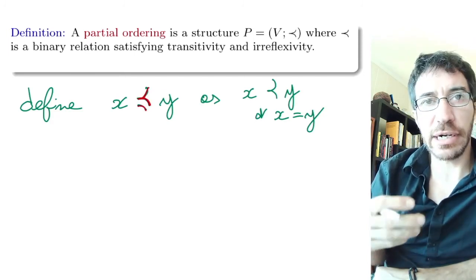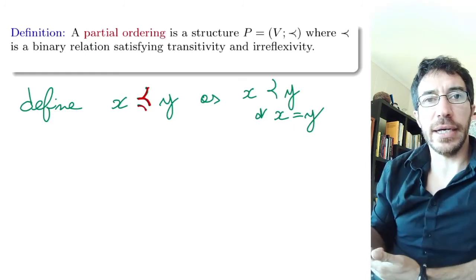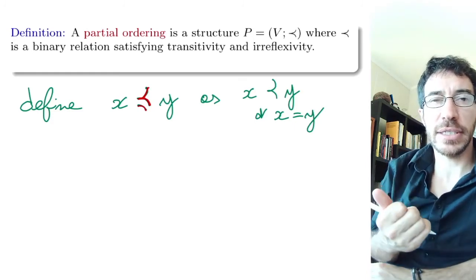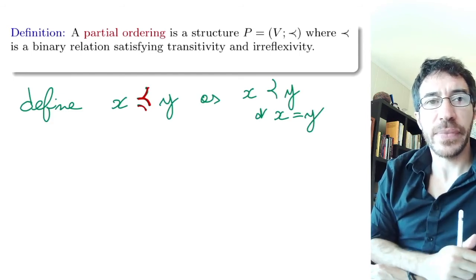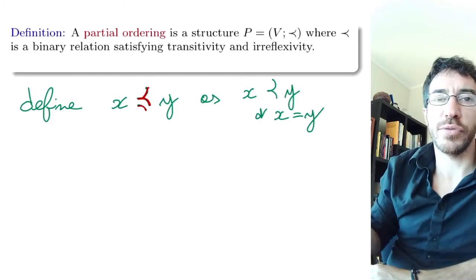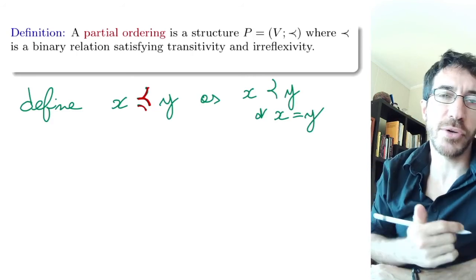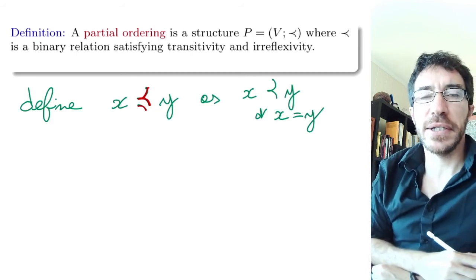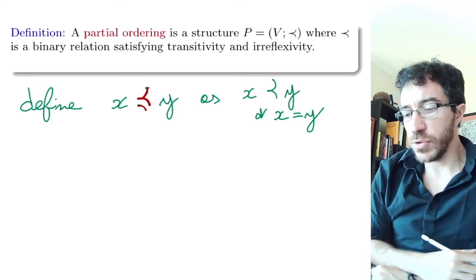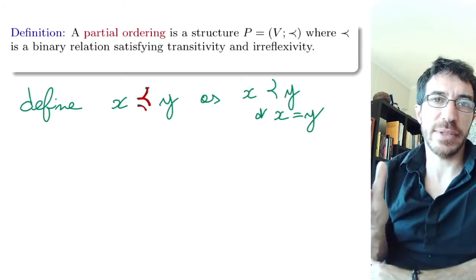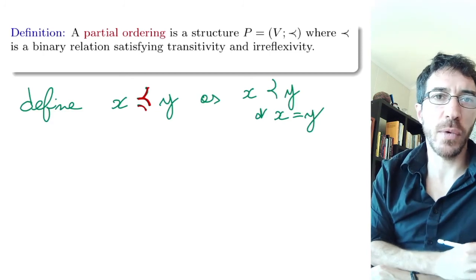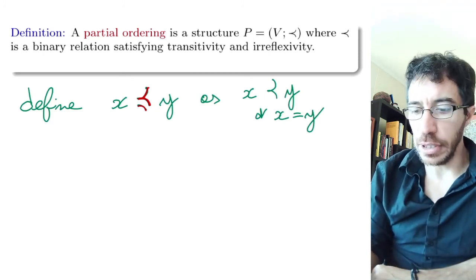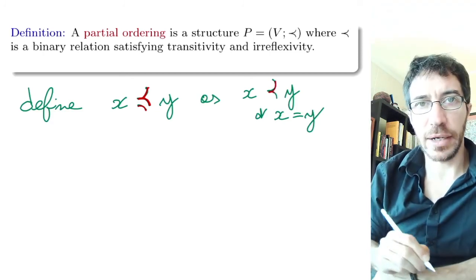In this case, you have to require that this relation is transitive, reflexive, and antisymmetric, and then you define the strict notion from it. So you could go either way, defining one or the other. I guess it depends on what you're working on. Some is easier, but usually one defines it one way, and then uses both notations.